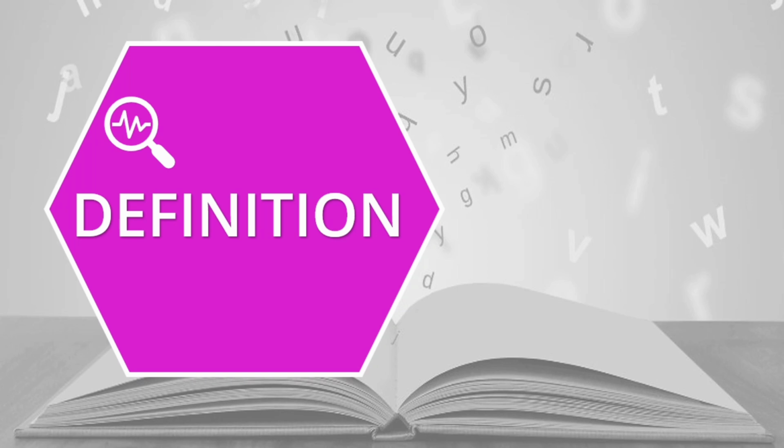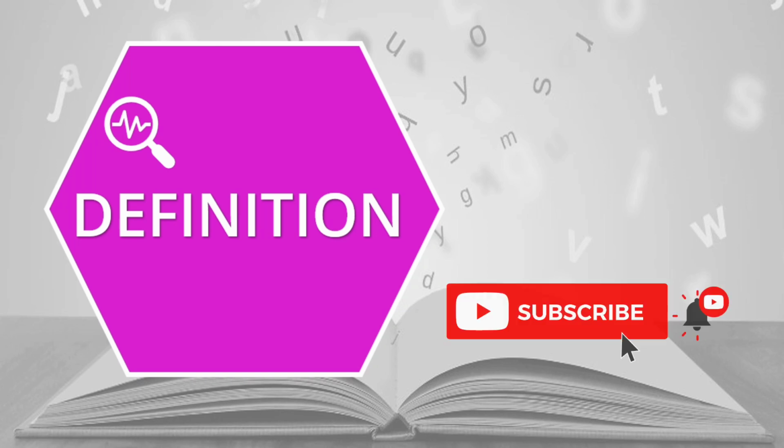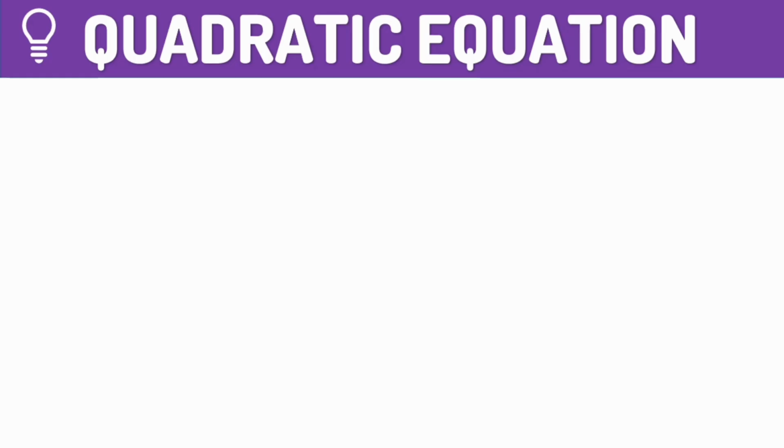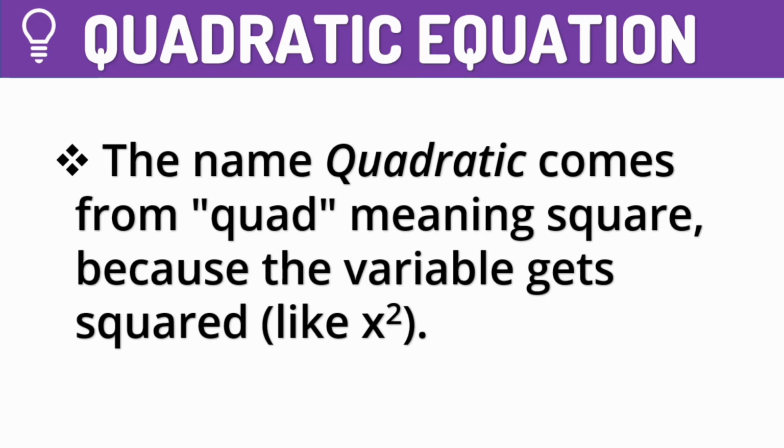Now let's start. What is a quadratic equation? What does it mean and what is it all about? The name quadratic comes from quad, meaning square, because the variable gets squared like x squared.